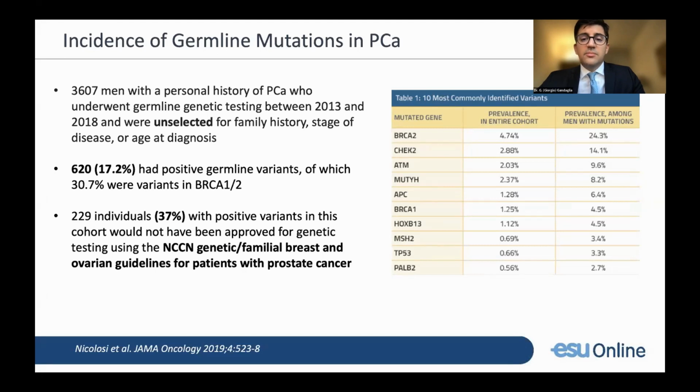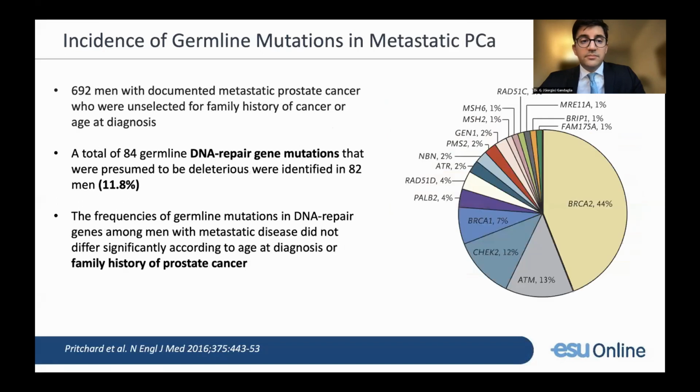And it is also important to note that approximately 40% of them would not have been considered for genetic testing using the NCCN genetic or familial breast and ovarian guidelines for patients with prostate cancer at the time being, which was 2019.